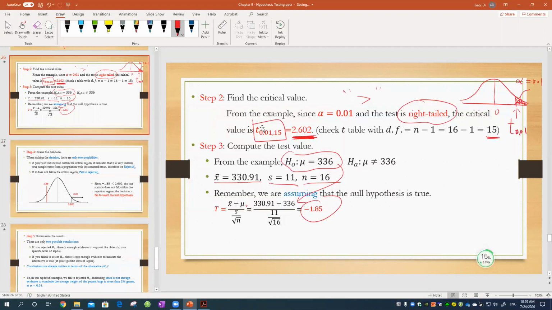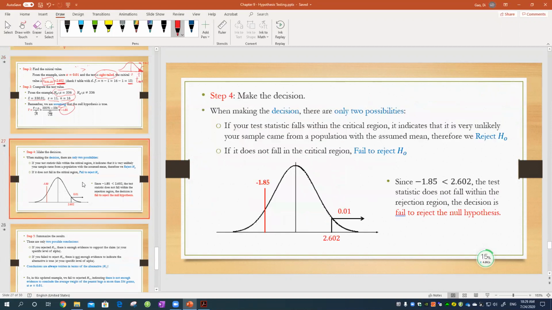When the evidence is even more extreme than the critical value, to the right side because it's right-tailed, more than, then we reject. Our evidence lies at negative 1.85, so it's far away from the rejection region. This is the rejection region, and this is negative 1.85, far away from that.